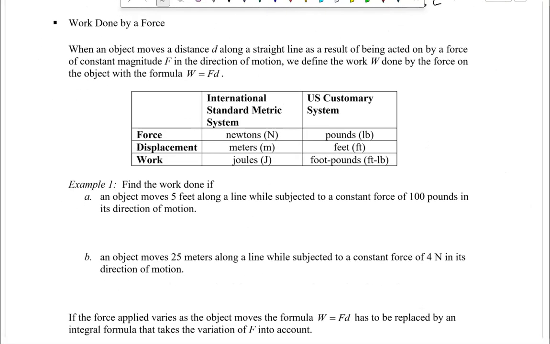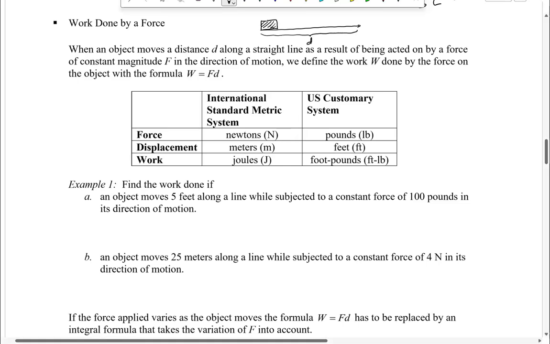Okay, for this next application, we're going to consider an object that's being pushed along some distance. We'll just call that distance d. And we're applying a force in the direction of motion, call that capital F. So as we push this object from A to B along here, we're applying the force F the entire time, a constant force, and a certain amount of work is being done.